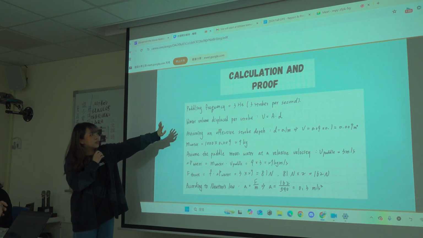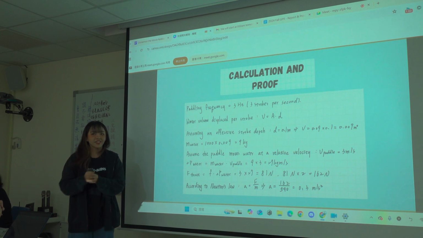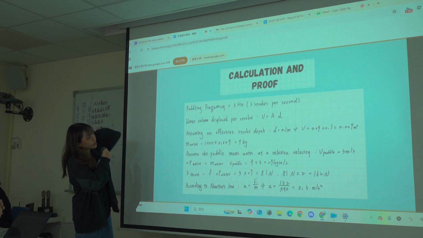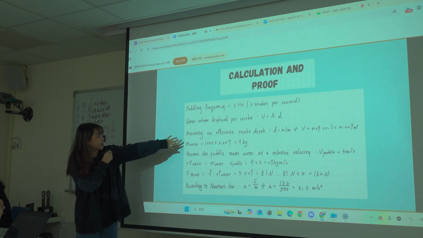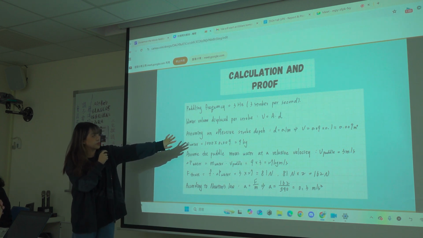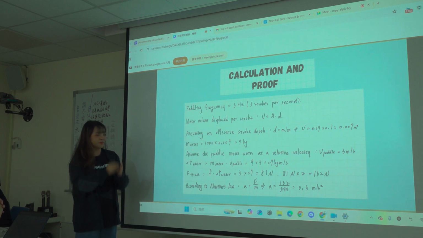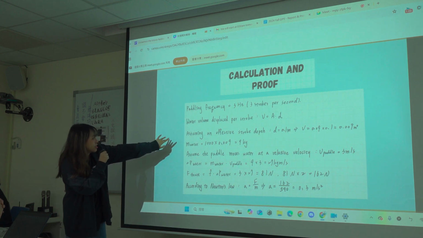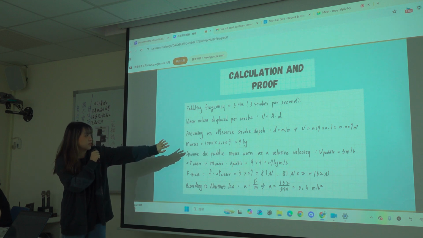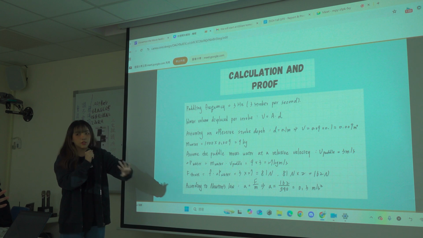They paddle 3 times per second in the video, and the water volume displaced per stroke is calculated assuming an effective stroke depth of 0.1 meter.